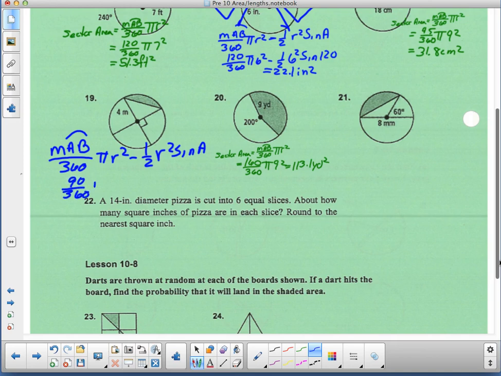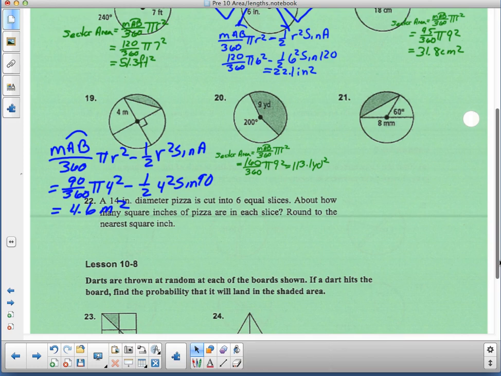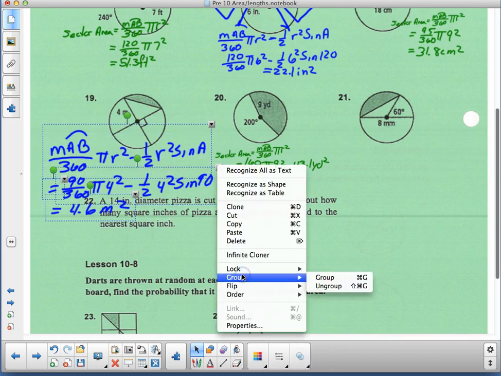That's 1/4 pi 4 squared minus 1/2 4 squared sine of 90. And our final answer comes out to be 4.6 meters squared. Okay, so that's equal to that. That's 4.6 meters squared for our solution there after I plop that in my calculator.